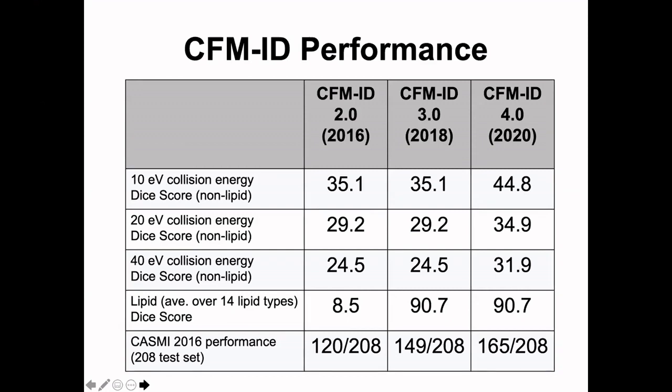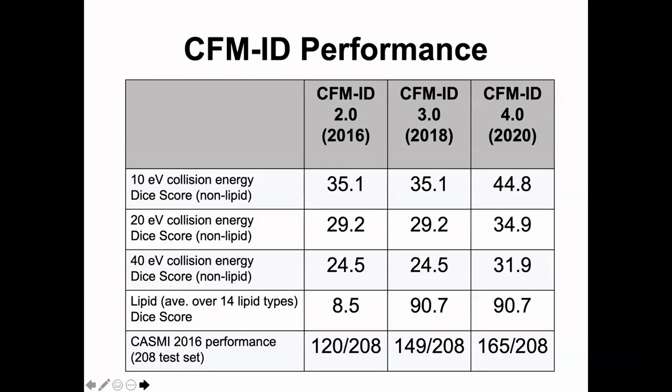And we can see that each time we've improved CFM-ID, the number of compounds that we could confidently identify increased. So right now, CFM-ID is able to identify about 80% of the compounds from that CASMI data set. And this is using a dummy set of about, I think it was 40,000 compounds that the compounds could be.